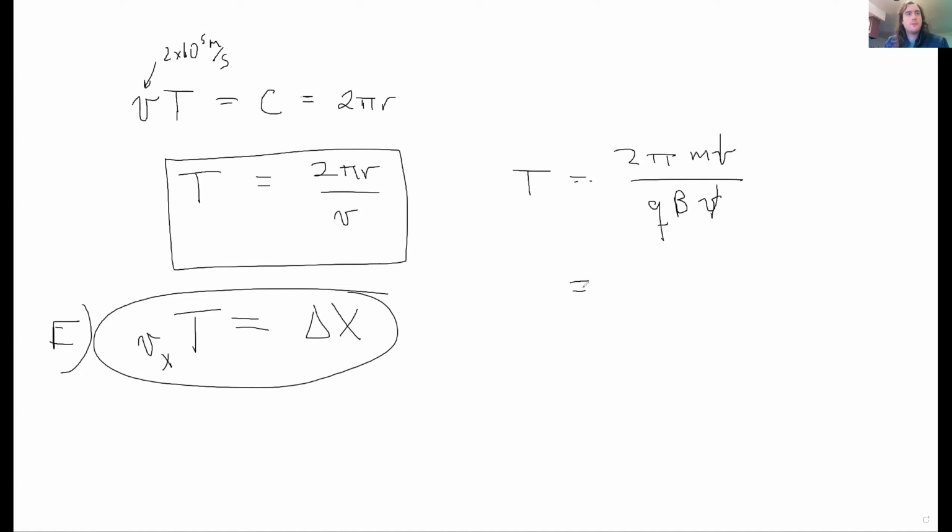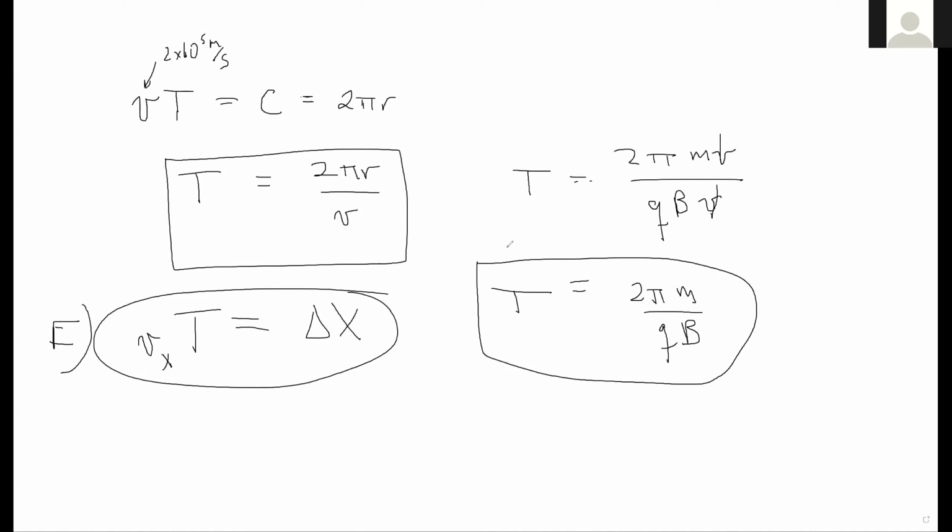That's a good way of thinking about it. It's also why I was using omega, because omega can be simplified to just qb over m. Yeah, that is a good point, actually.